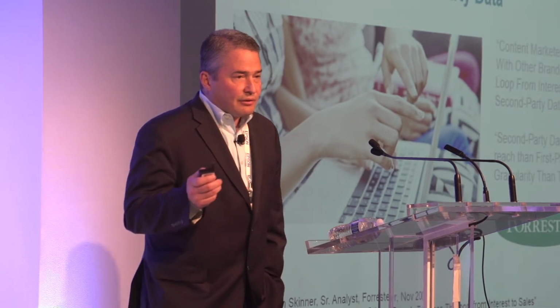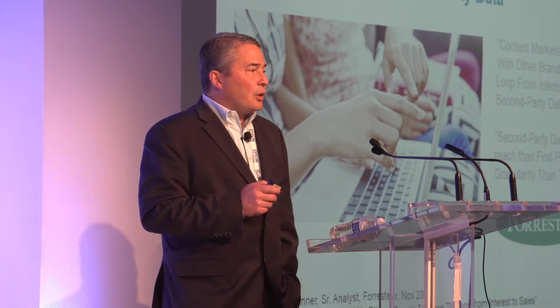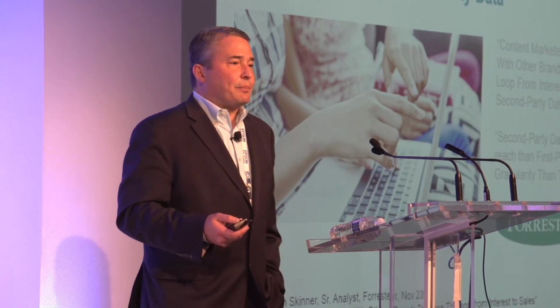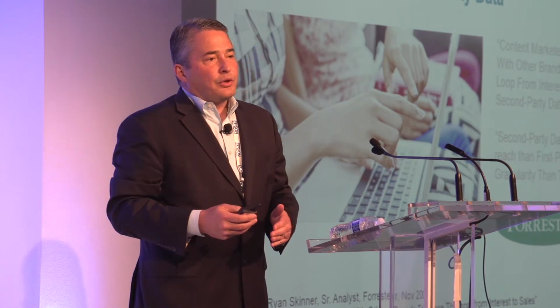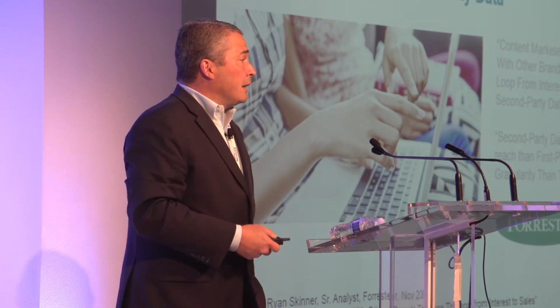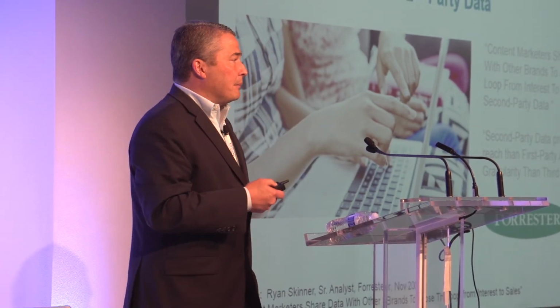And Forrester had recently come out with a study last fall that said that content marketers share data to close the loop between research and sales. If you're familiar with the purchase funnel, where it's awareness up here and purchase on the bottom, what you're doing is closing the funnel, meaning you're talking to someone who's already been on a manufacturer's website looking at a product and saying, hey, come to my retail store or come to my site and buy this product.